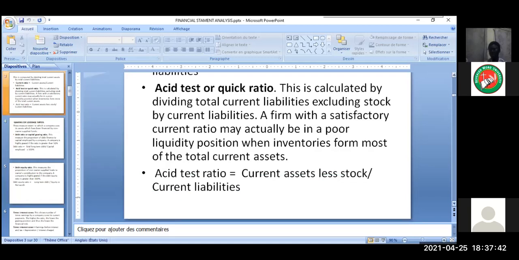So now if I can also ask, where do we find the stock? Where do we find the stock in both statements? In which statement, either income statement or balance sheet? Which one do we find the stock in?